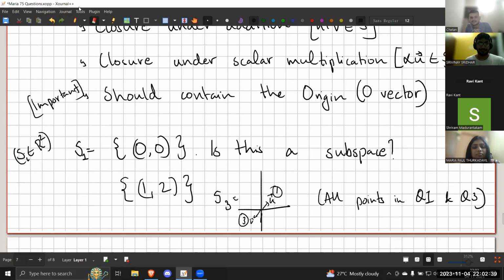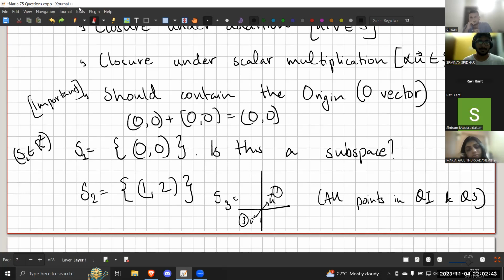And what if I multiply some scalar quantity with 0, 0? I'll get 0, 0, right? And since it is the origin, it's part of the subspace. The origin itself is the only element in the subspace. So S1, I can safely say, is a subspace.